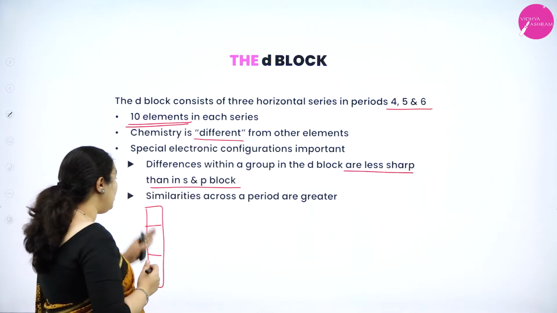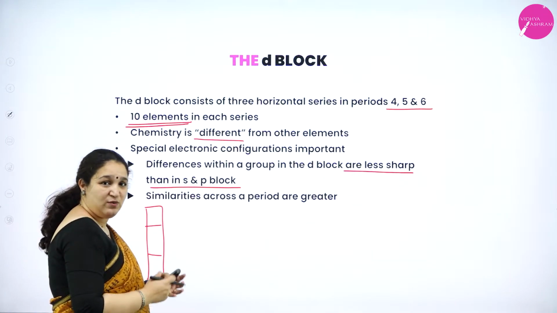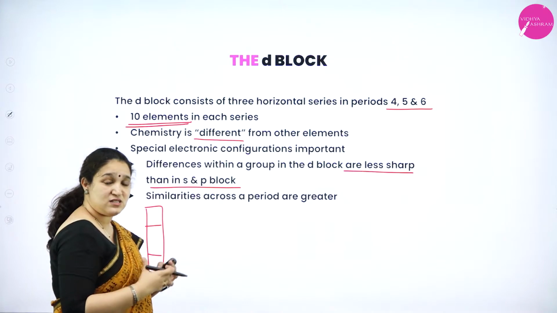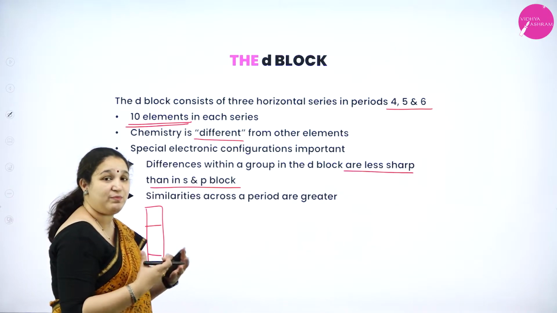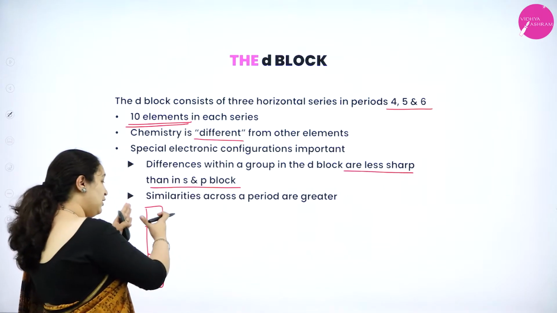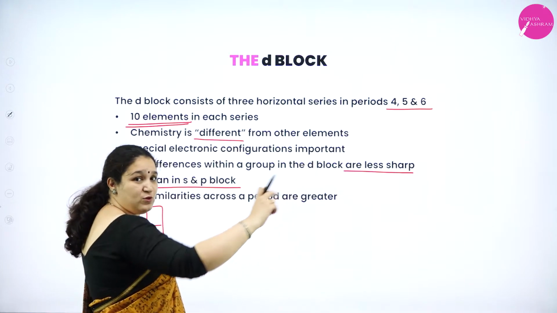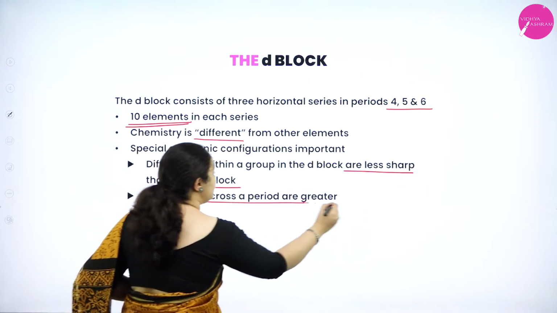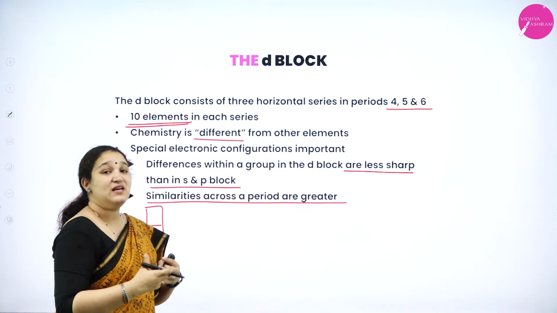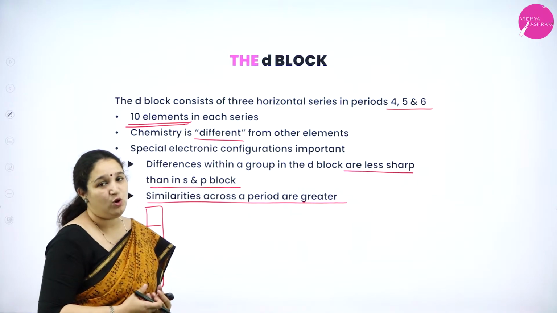That is, I cannot tell, down the group, what the differences are, whether the ionic radii increase or decrease, about ionization enthalpy, etc. It is not very sharp when you see the elements belonging to the same group. But across the period, the similarities are greater. That is, they have the same characteristics along the period.